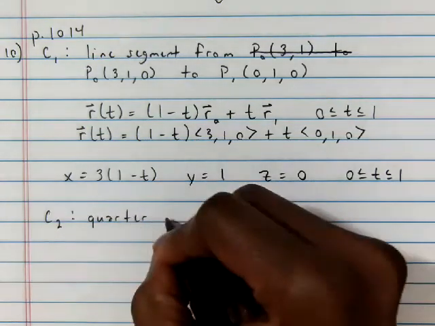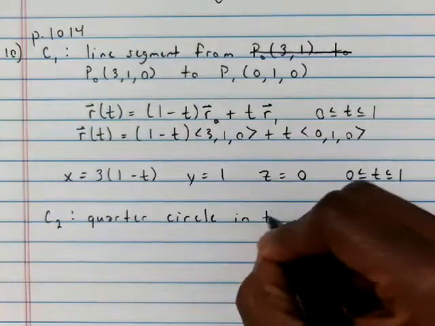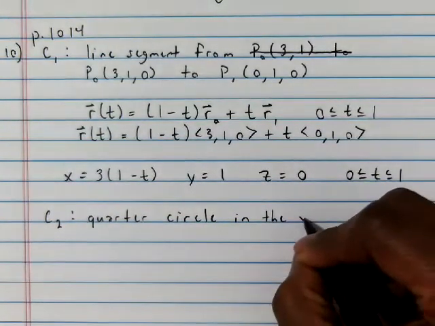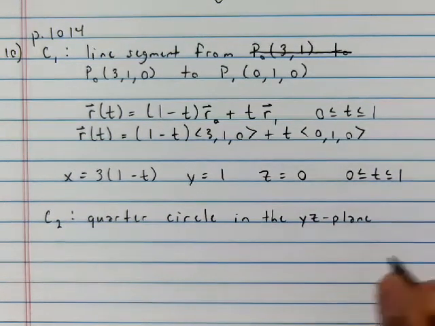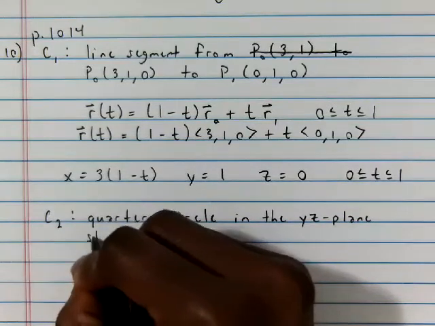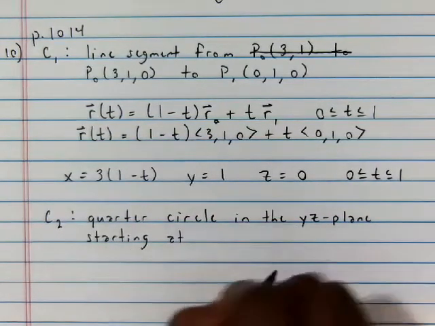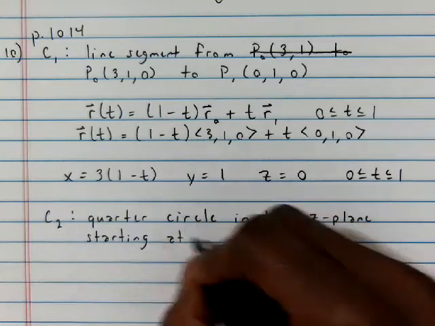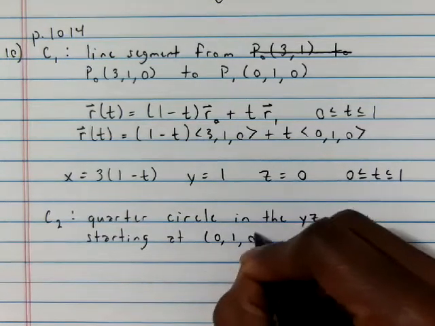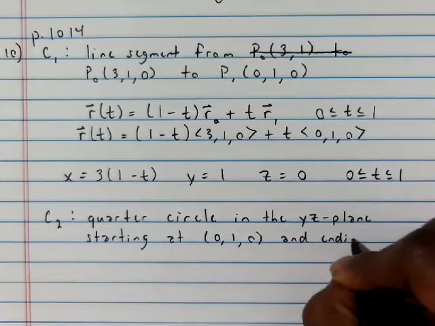So the quarter circle in the YZ plane, starting at 0, 1, 0 and ending at 0, 0, 1.